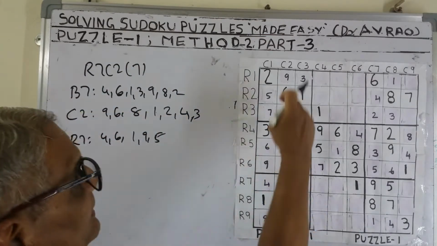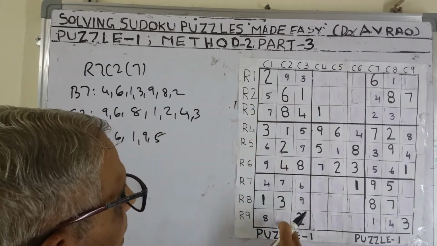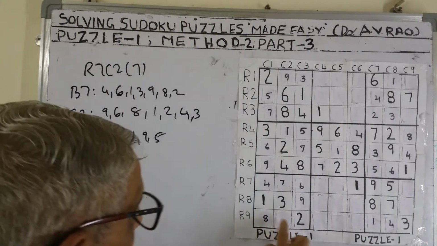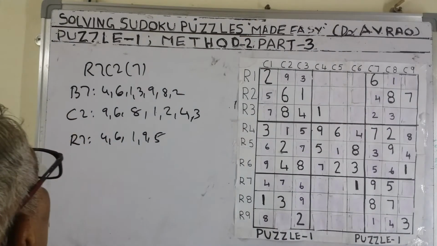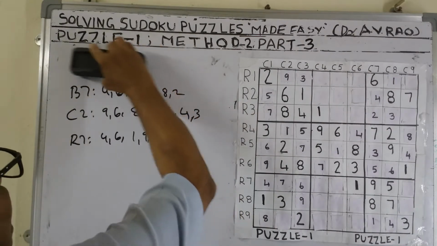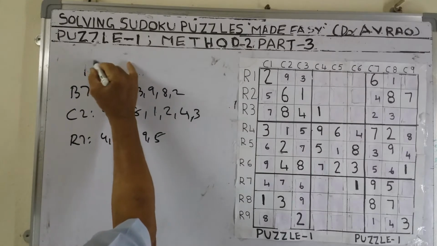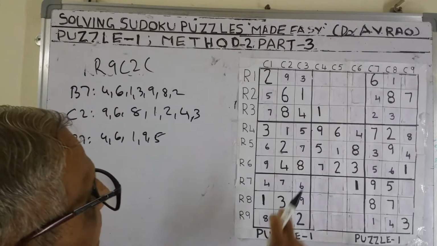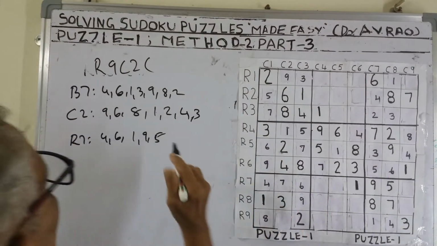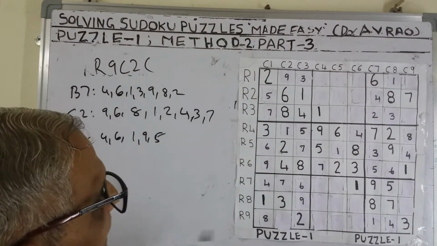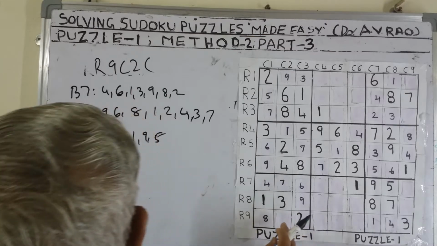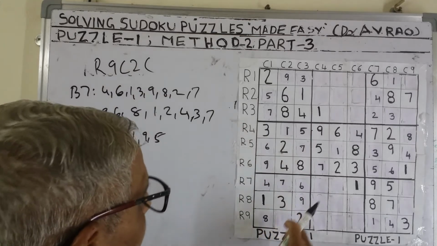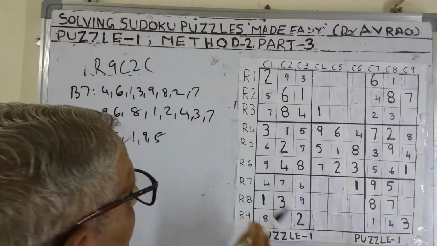Now in this column C2 there is only one cell left over. This is R9 C2. It must be filled. So in column C2, 7 has been added, and in the box also 7 has been added. Now let us see R9 C2.